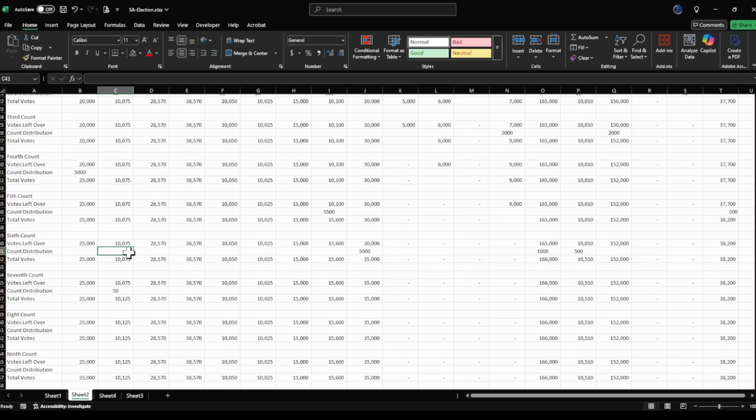Actually, we'll shift 8,000 votes over here. That was from a previous trial, so I'll just get rid of those. And the other 1,000 votes will go into the expired column.